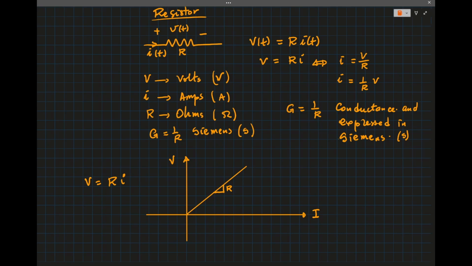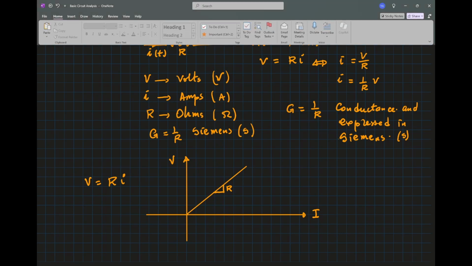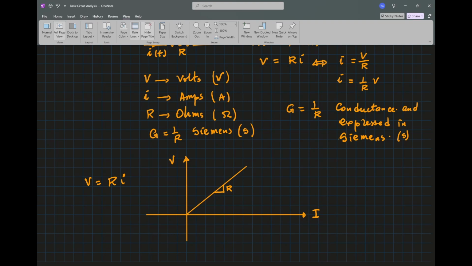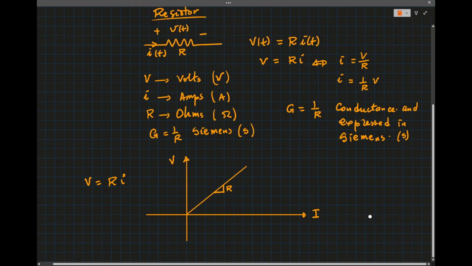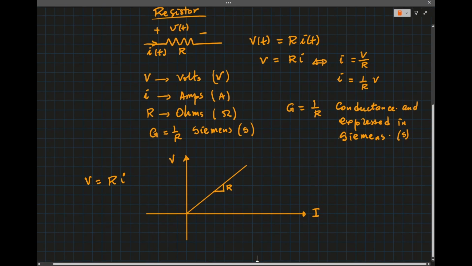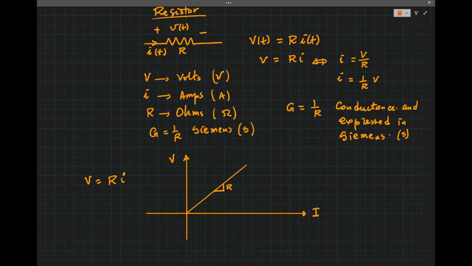For now, we are going to deal with positive resistances. But later on, when we deal with dependent sources, the value of the resistance can be negative as well.